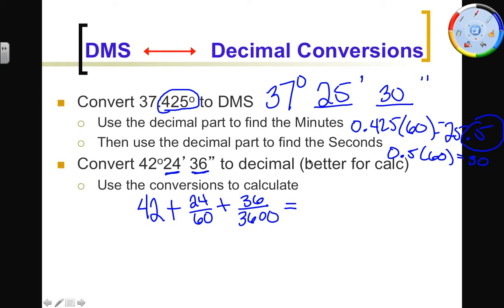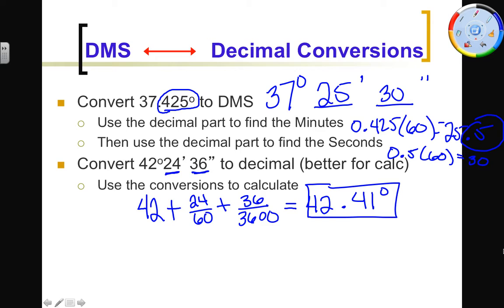And that's actually it. Now it's just plug it in your calculator. And I get 42.41 degrees. And this is actually kind of useful to know, being able to convert back and forth.